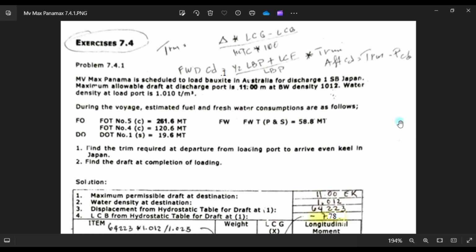Okay, so let's proceed. And this is the formula for the required trim to depart Australia, so that when we arrive in Japan, it will be even keel.